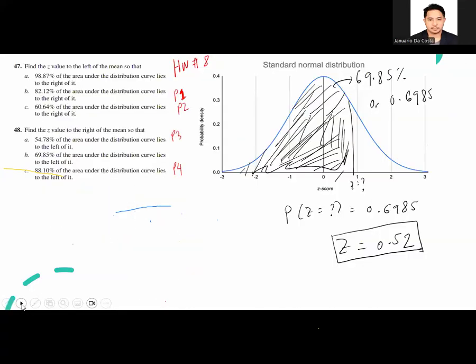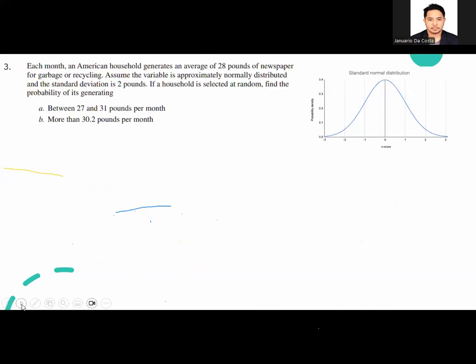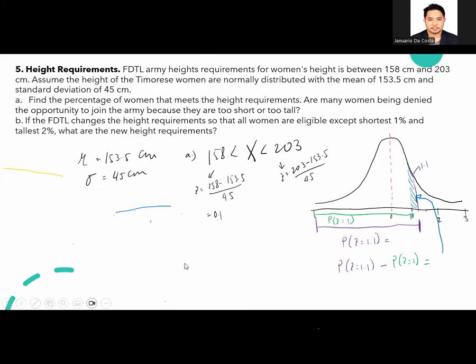Okay, now that you know that, what is 1.1 again? 86.43. What about z equals 1? 84.13. So what is the area of that?